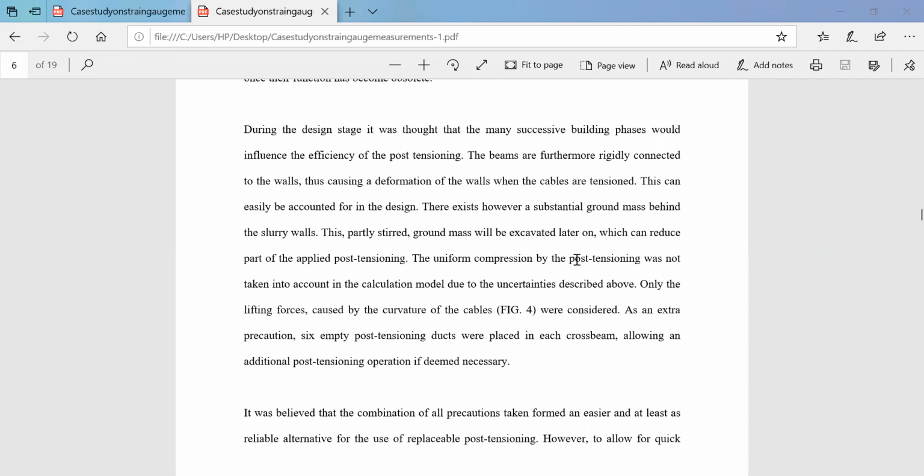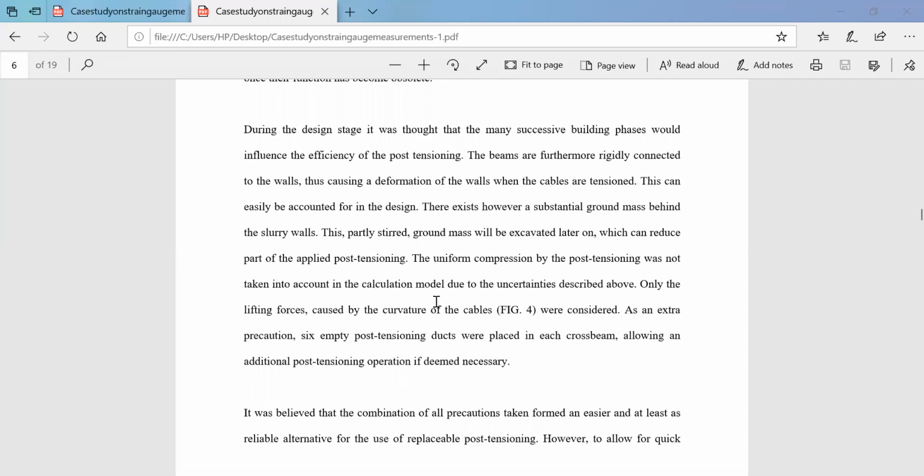This uniform compression by the post tensioning was not taken into account in the calculation model. Every time you cannot directly go for construction of the bridges. First you have to do mathematical modeling, run the simulation, and check the load bearing capacity of that bridge, which material you are using, and its physical properties, and you have to cross check.